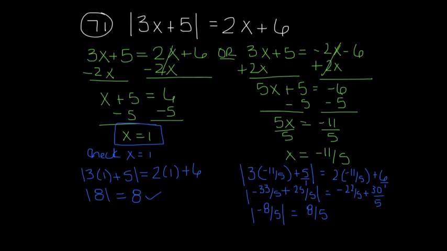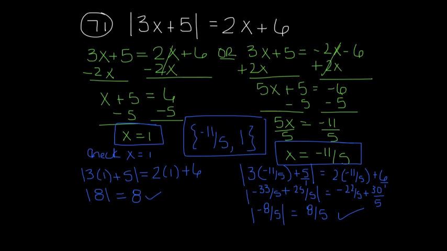The absolute value of negative 8/5 is positive 8/5, so this also makes the problem true. Negative 11/5 is also a solution. So in this case we have two solutions, which would be negative 11/5 and 1. Again, please do not get lost with the fractions. Review your operations with fractions if you have to, but don't lose sight of the overall concept.